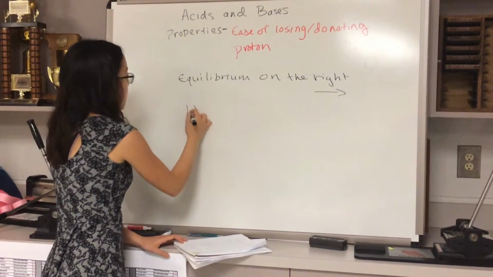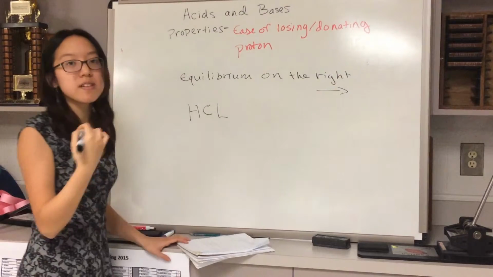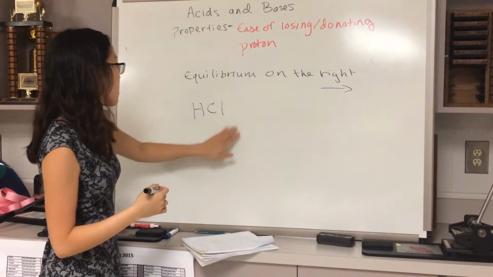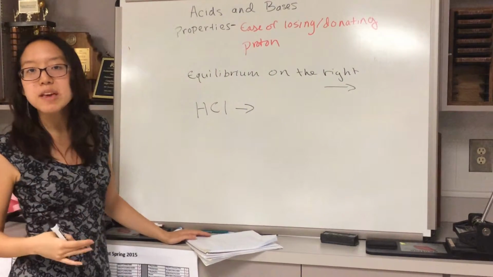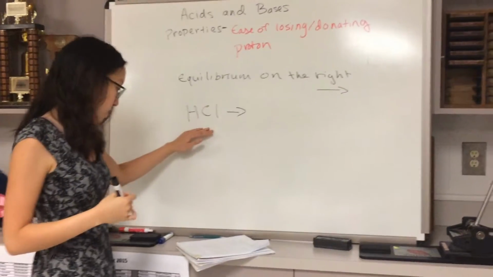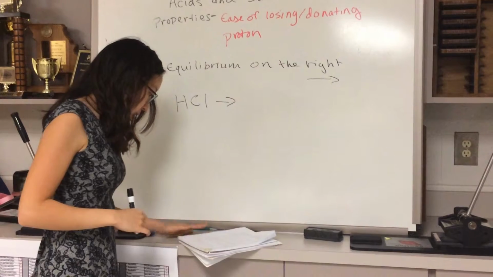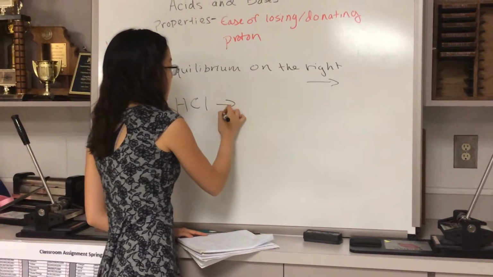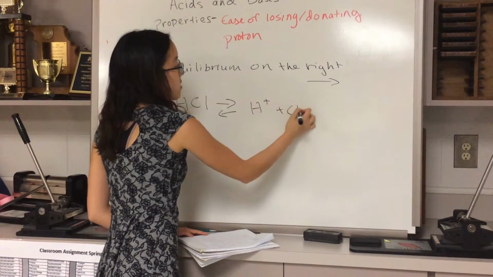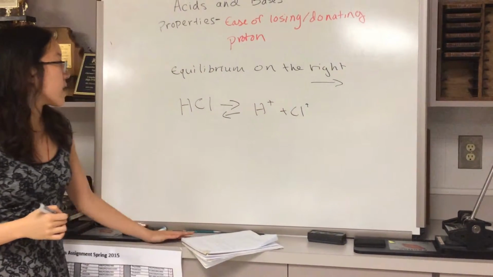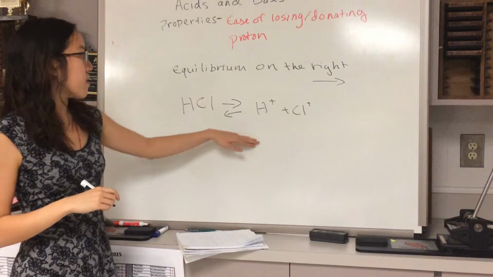As you can see, let's have an example of a really strong acid that I've been using recently before the different reactions of acid-base and acid-carbonate: HCl, hydrochloric acid. If you have a reaction, it will dissociate completely into ions, and our equilibrium is on the right.